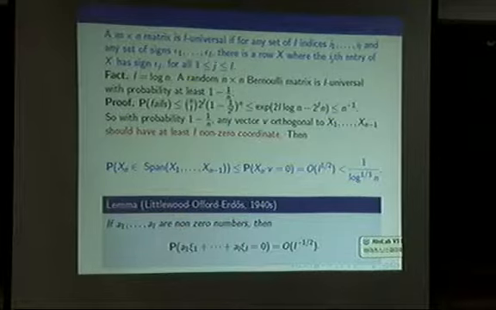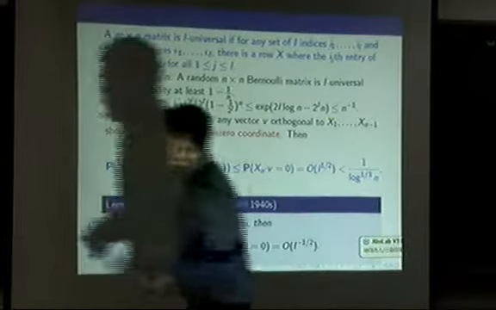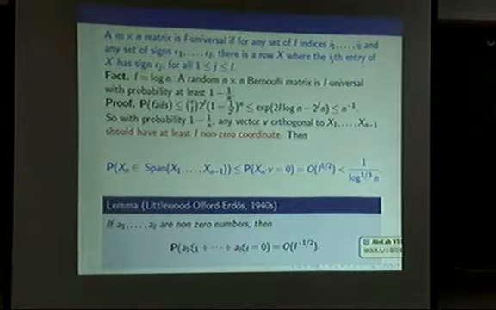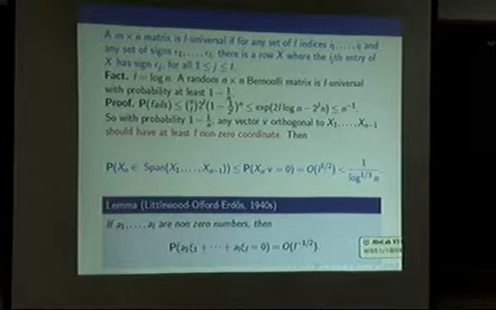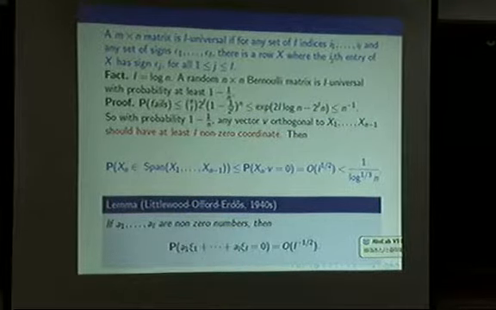And the probability that nothing matches: if I look at the first row x1, the probability that it doesn't match is 1 minus 1 over 2^L, because if any of the positions fail, then it will not match.